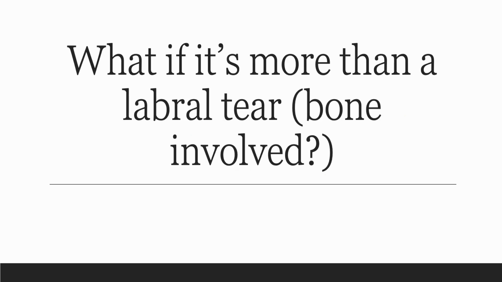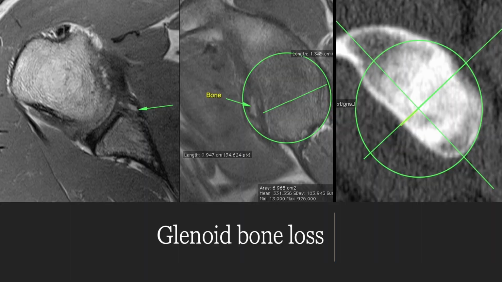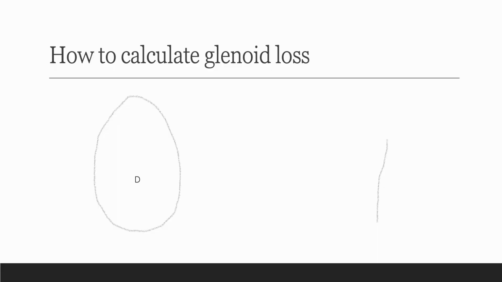But sometimes when you have recurrent dislocations, there's more than a labral tear and the bone has also thinned out and come off. When that happens, we call it glenoid bone loss. And when we have glenoid bone loss, we're interested in knowing how much glenoid bone loss there is, because that helps to determine whether this patient will benefit from conservative arthroscopic surgery or may need a bony surgery.